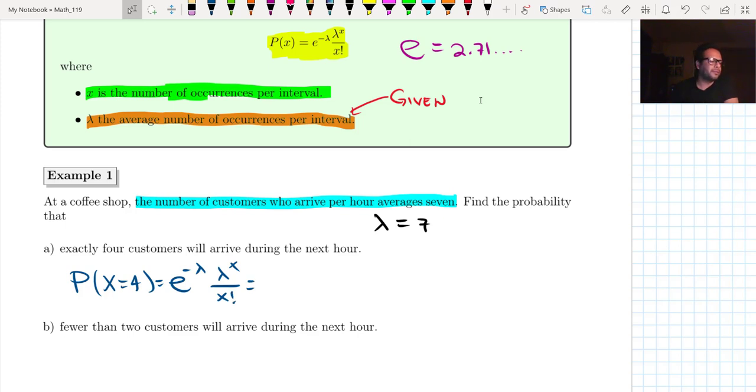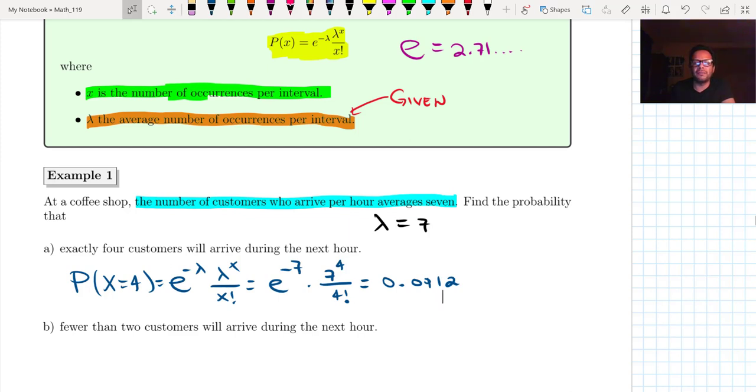So e to the negative 7 times 7 raised to the 4th power divided by 4 factorial. And if we use a calculator for this, we should get 0.0912.